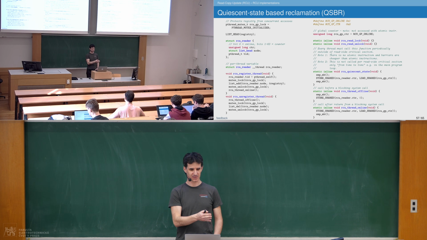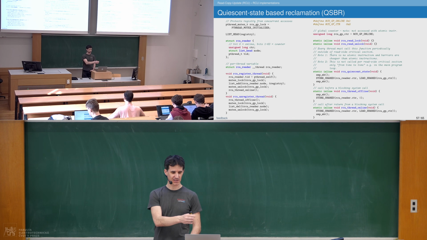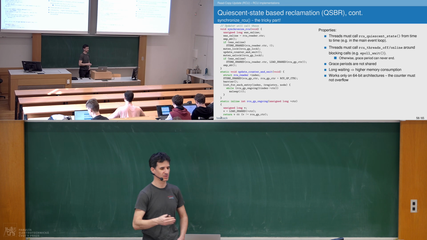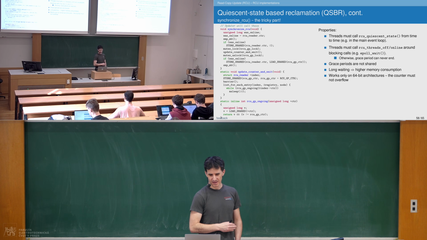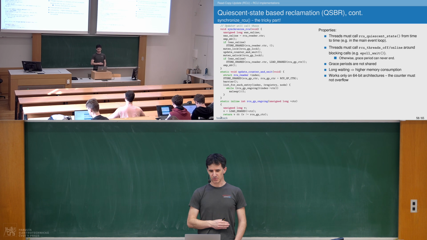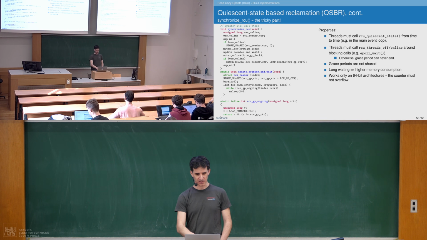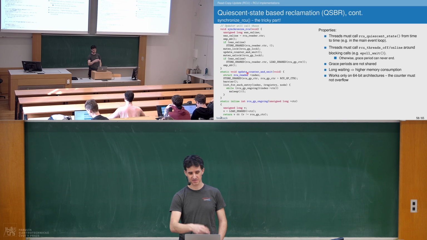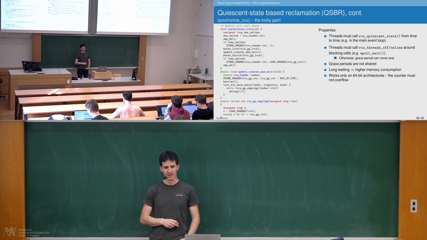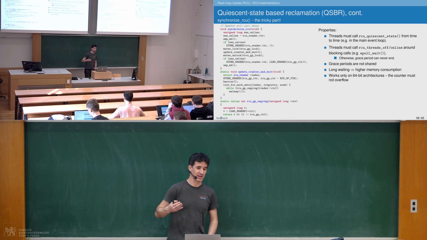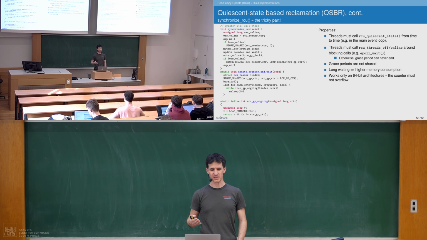It's not difficult. It's pretty simple. I think that if you don't understand these two slides of code, especially synchronize RCU, which is the tricky part, just this half slide, you don't understand how RCU works and what the principle is.